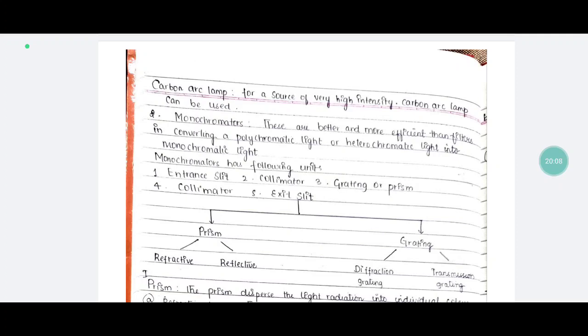The prism is divided into two types, that is refractive and reflective, and the grating is divided into diffraction grating or transmission grating. The definitions for the refractive type and the reflective type you have to note down.